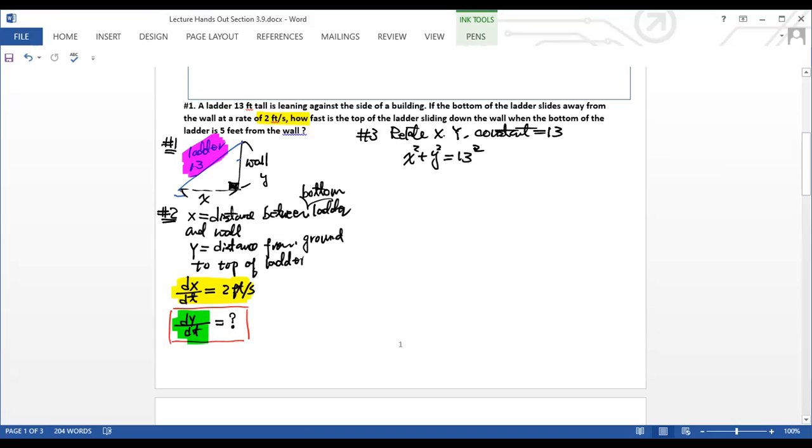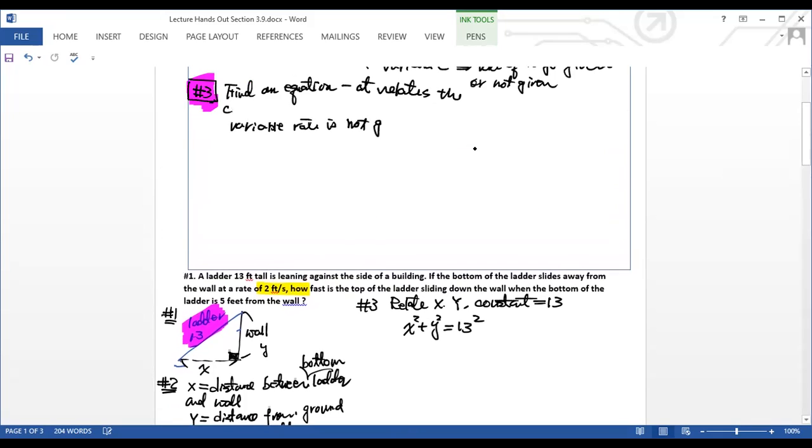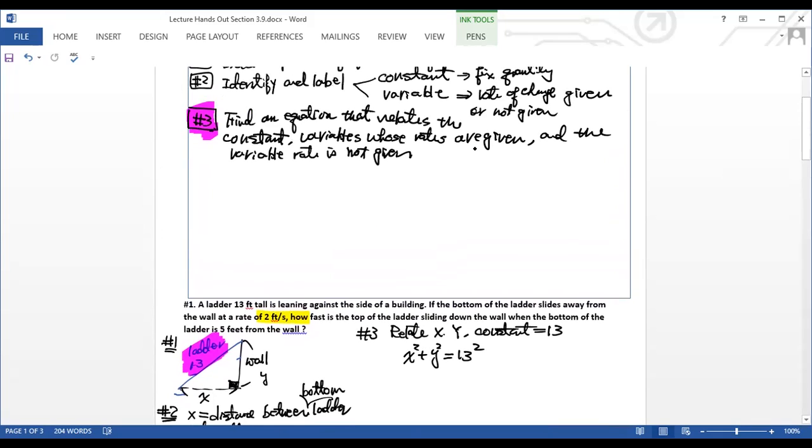Like I said, for this problem this is very easy, but for some other problems from the lecture notes that we're going to take a look at, some are not that intuitive or straightforward. So this is step number 3. The remaining part, like I said, will be pretty easy.